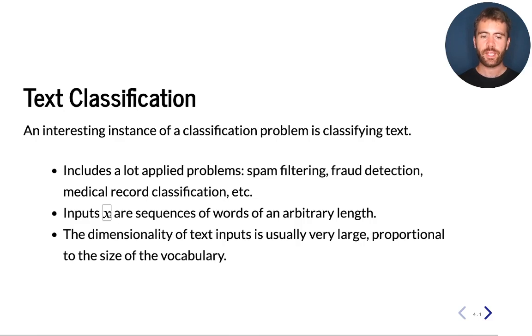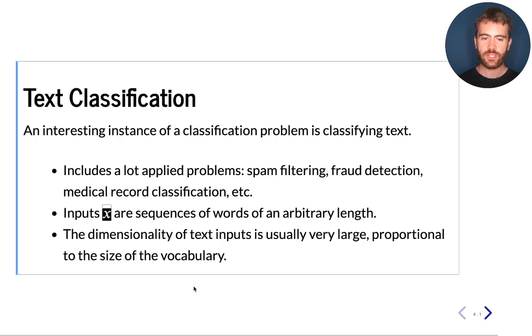So recall that x is a vector of a certain dimension, and now if x is a sequence where each element of the sequence can take a large number of possible values, a large number of possible words, then in a way the dimensionality of this problem is really large, which means we're going to have to think about how we can apply our existing algorithms to this data set. It will require a little bit of extra work.